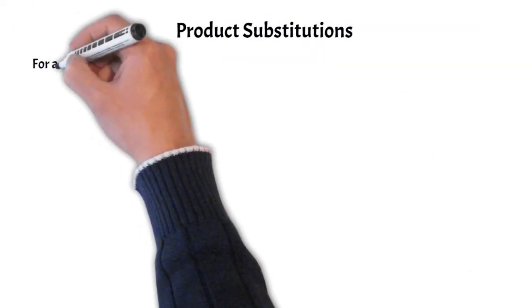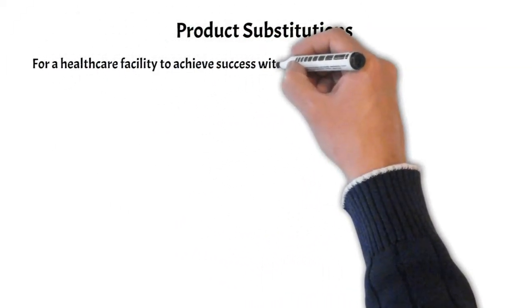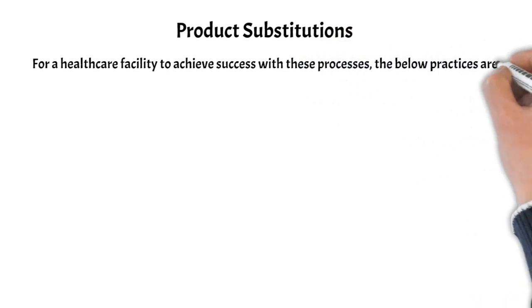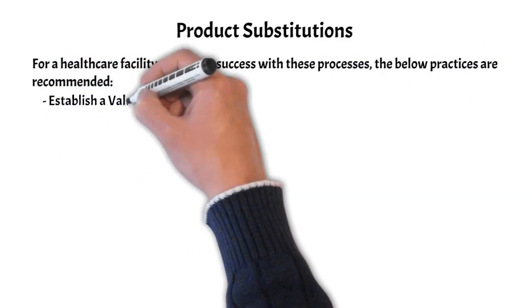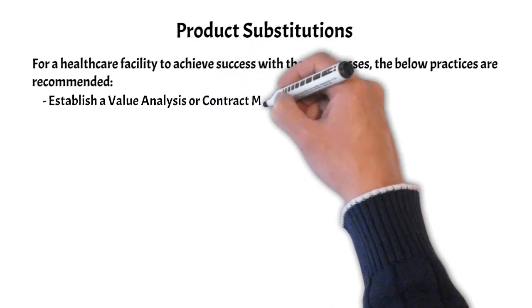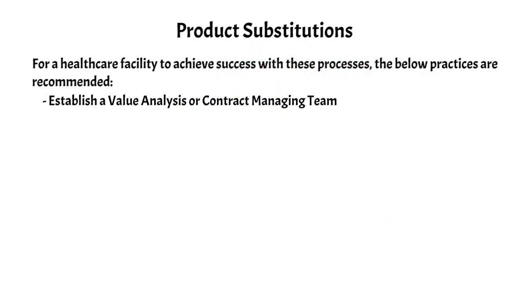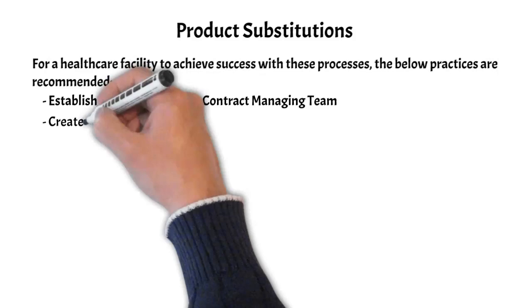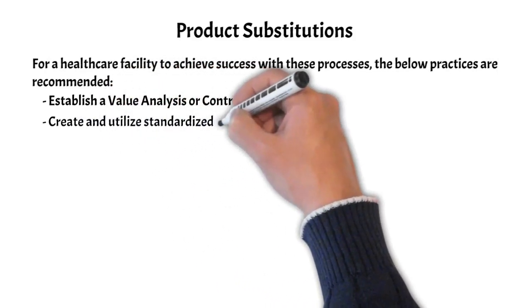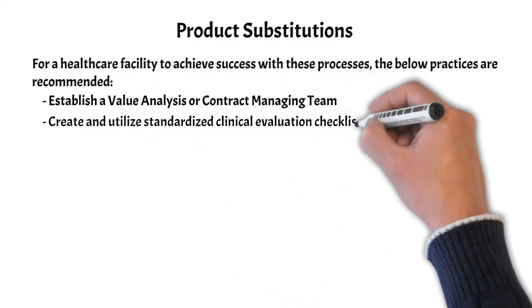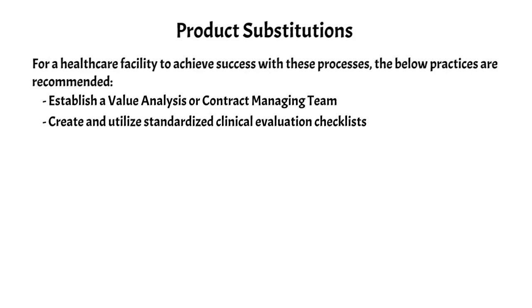For a healthcare facility to achieve success with these processes, the below practices are recommended. Establish a value analysis or contract managing team that manages the product substitution and conversion processes. Create and utilize standardized clinical evaluation checklists as a way of ensuring all the proper stakeholders are involved and common risks are mitigated.